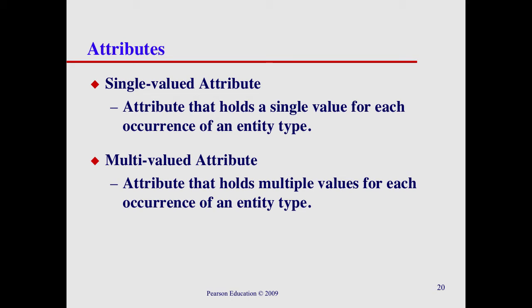Now, a phone number could be considered a composite attribute, right? Because a phone number consists of an area code and a local number. Even that 3-digit number has 3 groups. The area code, I forget what the 3-digit number is called, and the 4-digit number, but even the 3-digit number has some meaning.